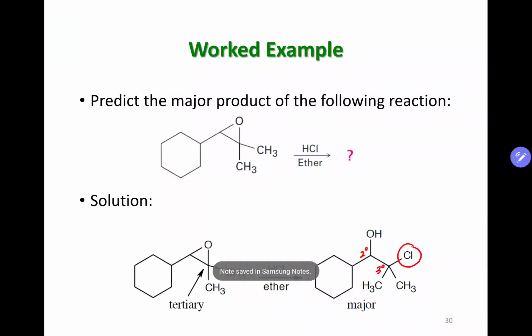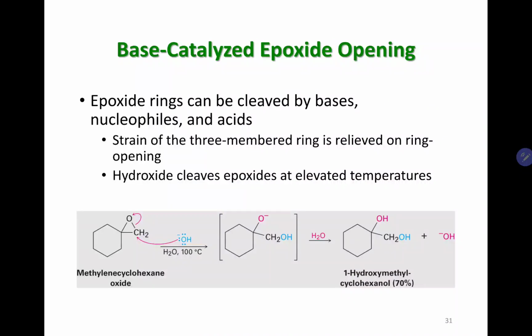All right, the next reaction that we are going to talk about is base catalyzed epoxide ring opening. In here, of course, you are going to need a base. In here you have a hydroxide ion. This is your base.